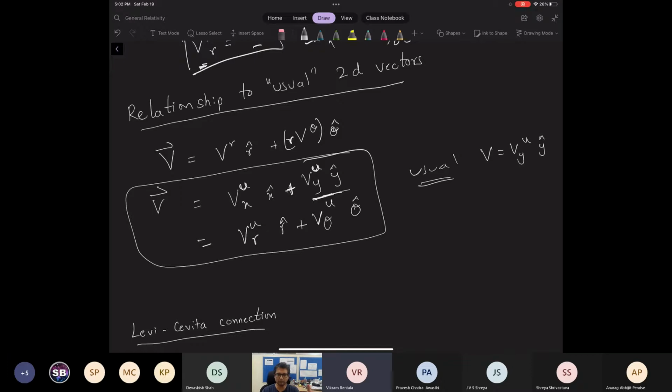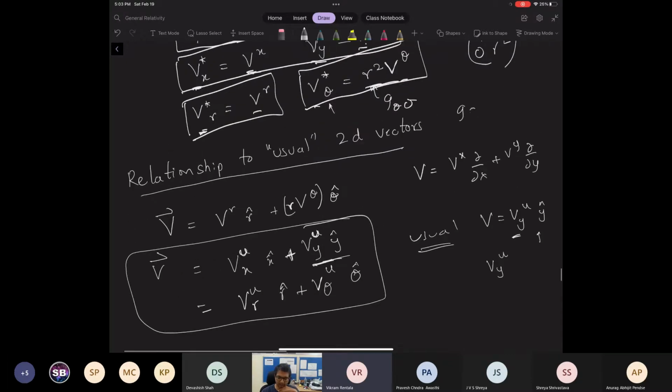What do we mean by this? We mean that it points in the y hat direction and it has a magnitude which is v_y(usual). How is that magnitude defined? The magnitude is actually defined when you have a metric. In our notation, our vectors are defined as v^x ∂/∂x + v^y ∂/∂y.